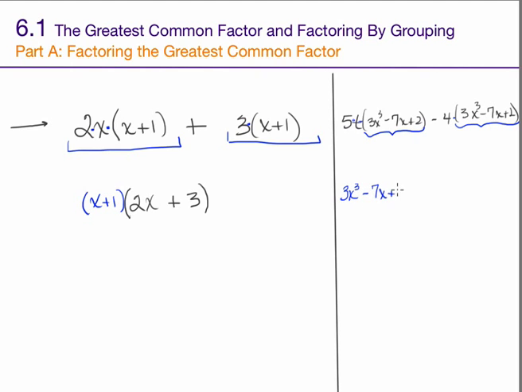The biggest factor that's common to both terms. Once I've found it, I can undistribute it from the rest of the things in that term. To get this term, I multiplied 5t by this. To get this term, I multiplied negative 4 by this. So, although this is an extreme case, I've done the same thing here as I did here. I found the greatest common factor, which was not just a letter or a number.